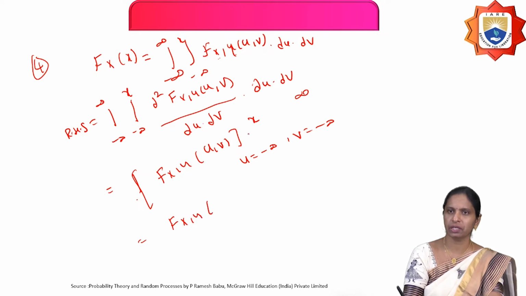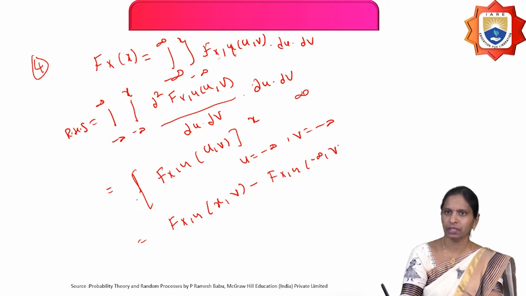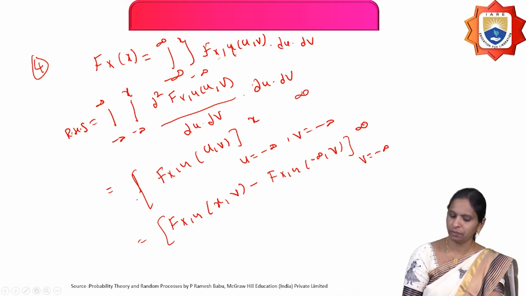First, in place of u, what is the upper limit here? x. So in place of u, substitute x: fxy of x comma v minus fxy of, in place of u, the lower limit minus infinity, comma v. And the limits of v are from minus infinity to infinity.